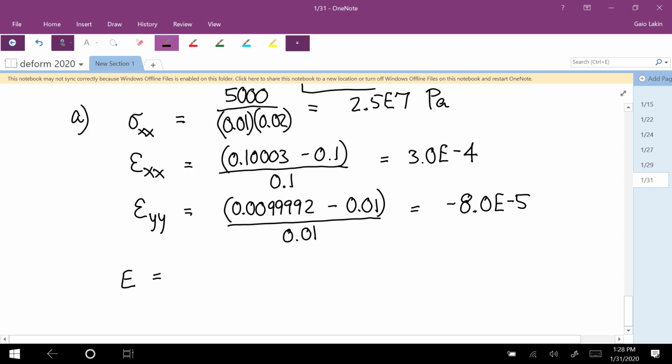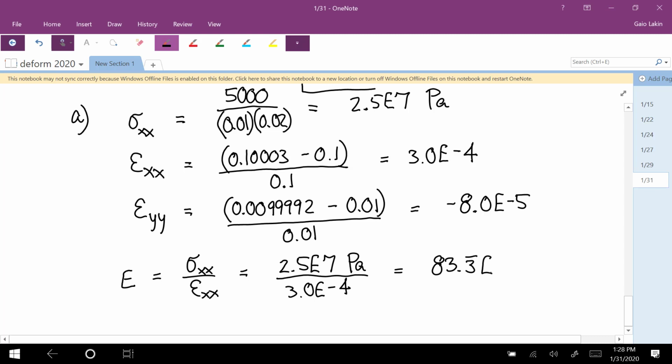So then Young's modulus is sigma xx over exx, so 2.5 times 10 to the 7th pascals divided by 3.0 times 10 to the minus 4, and you get an E value of 83.3 repeating times 10 to the 9 pascals, 83.3 repeating gigapascals.